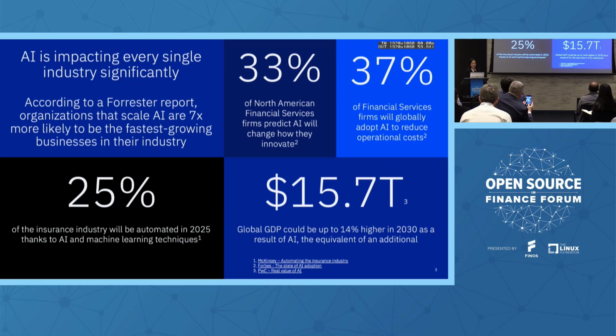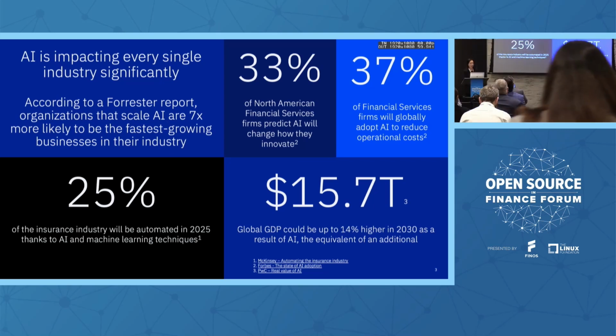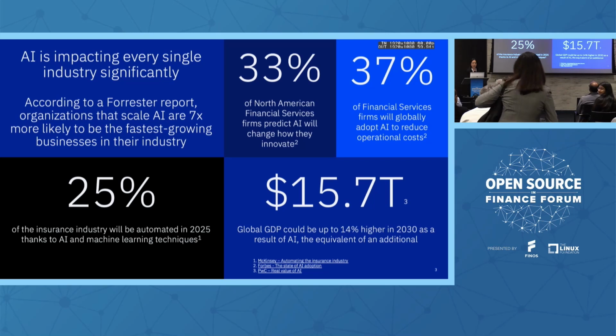Based on a Forbes report, 37% of financial services firms will globally adopt AI to reduce operational costs. And 33% of North American financial service firms predict AI will change the way they innovate. And based on a PwC report, global GDP will be up to 14% higher in 2030 as a result of AI, the equivalent of an additional $15.7 trillion.